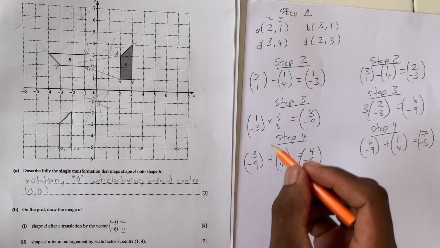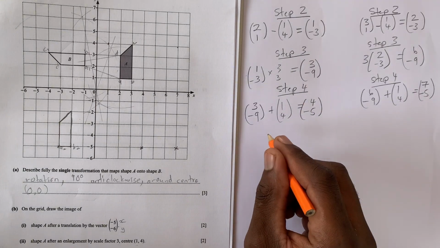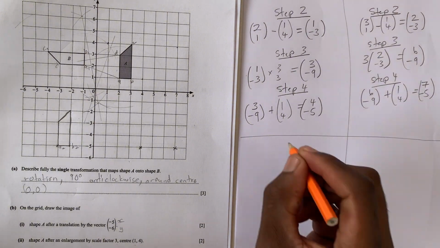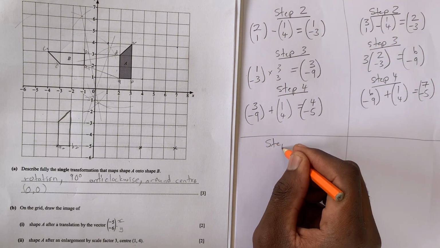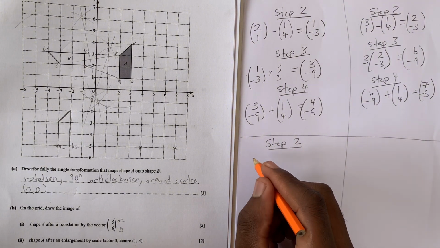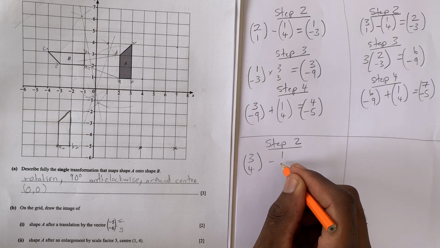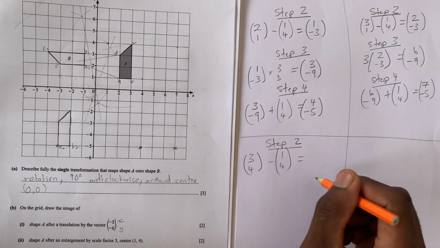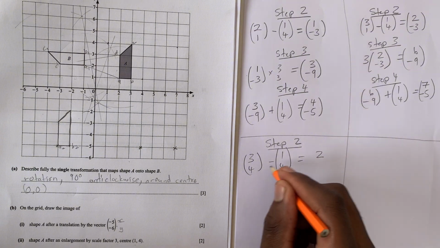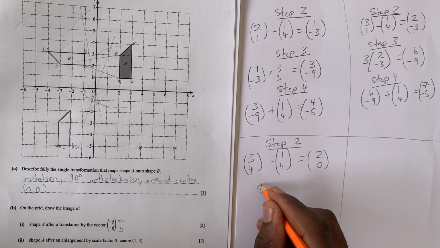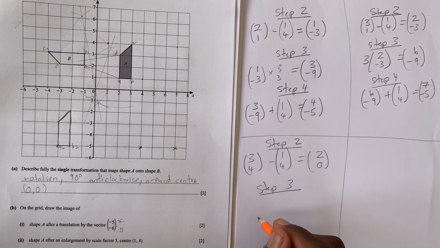Then I'll go to the third point, (3, 4). So let me divide these. Again, I'll start from step 2. So the point is (3, 4) minus (1, 4). 3 minus 1 gives me 2. 4 minus 4 is 0. Then step 3, (2, 0) times 3.